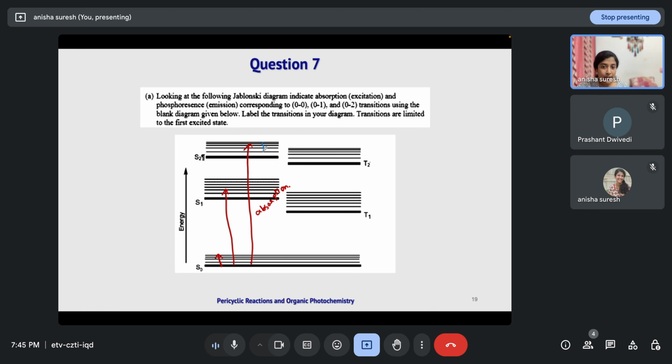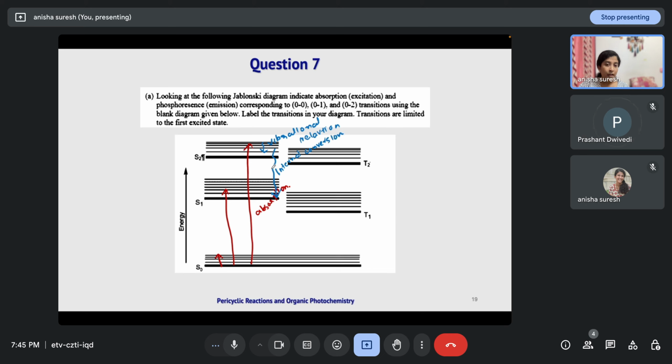So this is the vibrational relaxation, a non-radiative process where it goes from one vibrational state of the same electronic state to another vibrational state of the same electronic state. Vibrational relaxation. If a non-radiative process is taking place from one excited electronic state to another electronic state, this is known as internal conversion. Okay.